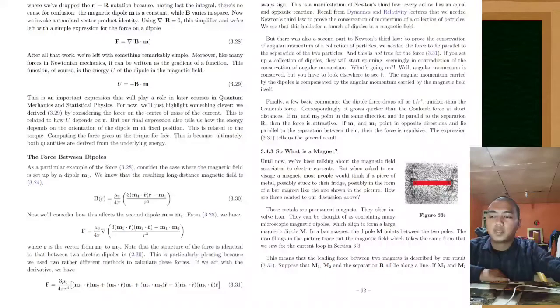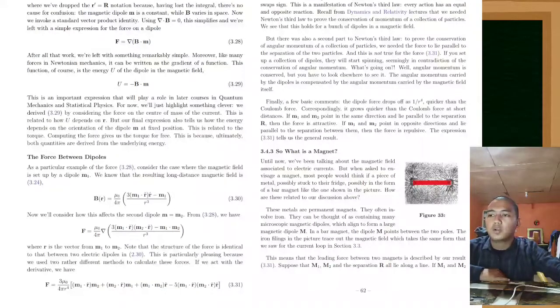The force between dipoles. As a particular example of the force, consider the case where the magnetic field is set up by a dipole m1. We know that the resulting long distance magnetic field is, from 3.24, B(r) = μ0/4π × (3(m1 · r̂)r̂ − m1)/r³.